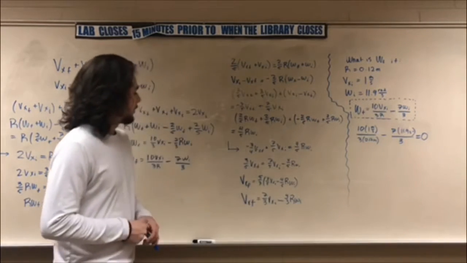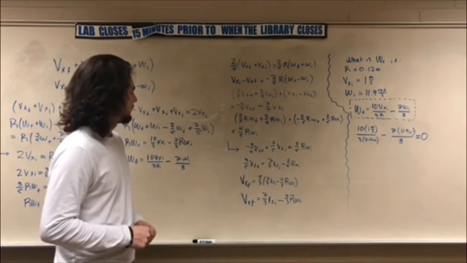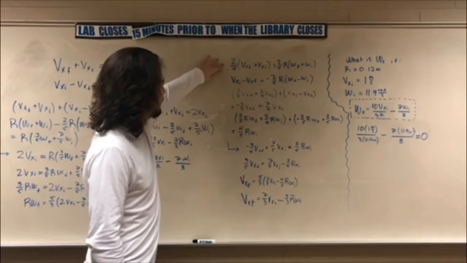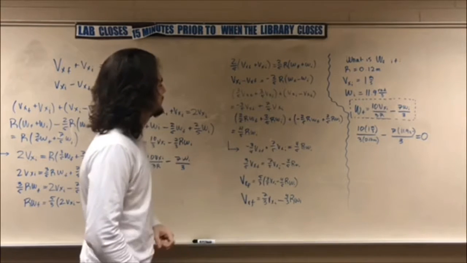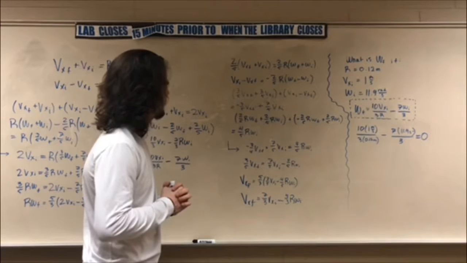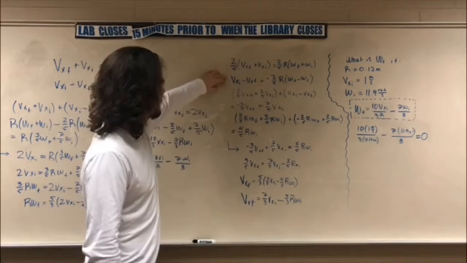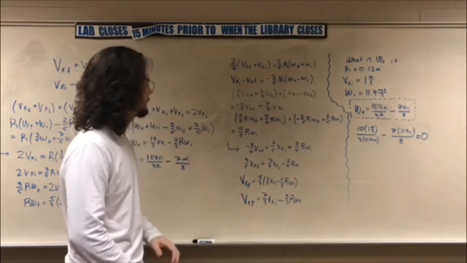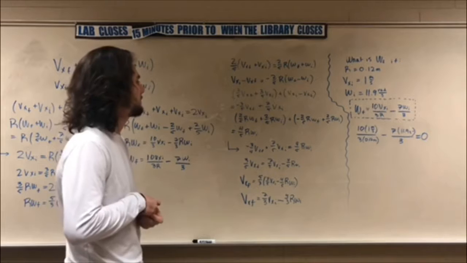And now solving for Vx final, we can do the same thing, but what I did here is I multiplied the equation of conservation of energy by 2/5 so I could cancel out omega final. So the front end is equal to -3/5 Vx final plus 7/5 Vx initial.